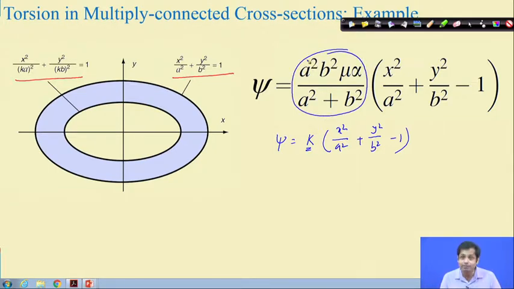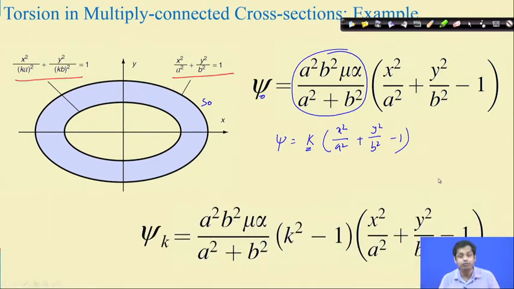Now, if I have to do the same thing, this is for the outer surface, this is for S O, or you can call it psi O. If I have to do it for the inner loop, then that expression will be equal to this. It is very similar: if you substitute k equal to 0 here, then it becomes your psi. So, this is for psi o and psi k we have.